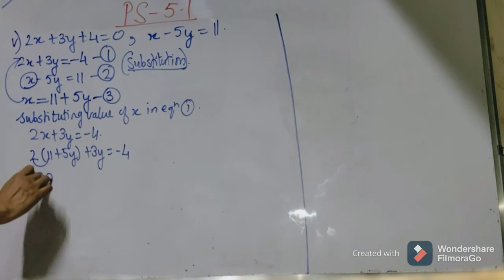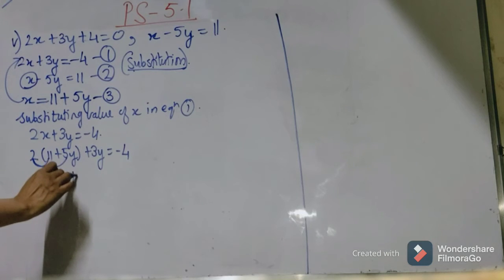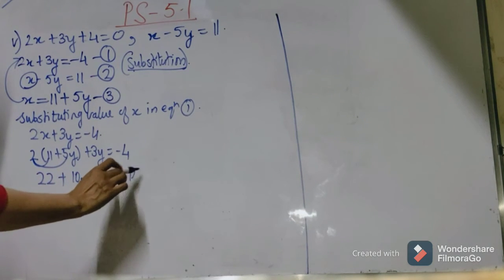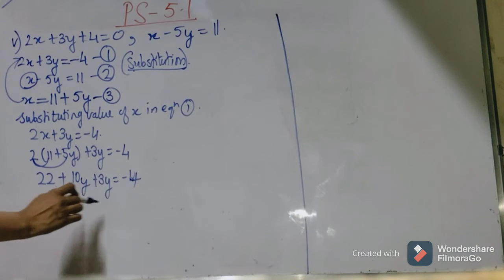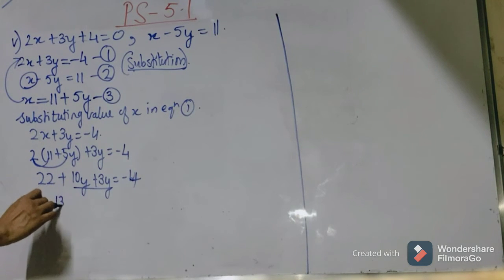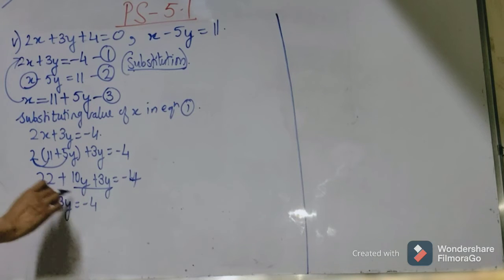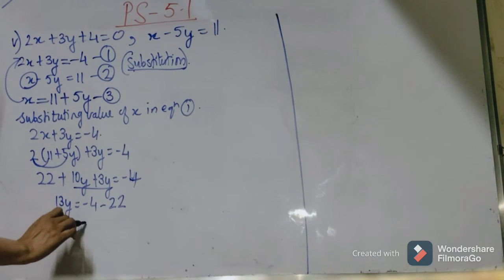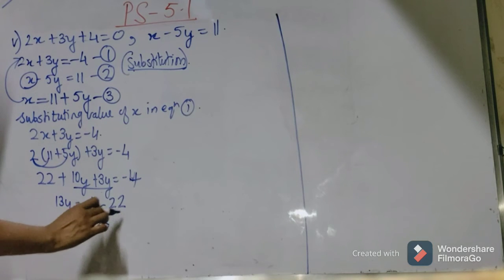So 2 11s are 22, 2 5s are 10y plus 3y is equals to minus 4. 10 plus 3 is 13y, minus 4 and this 22 comes here, so it becomes minus 22. So 13y becomes minus 26.